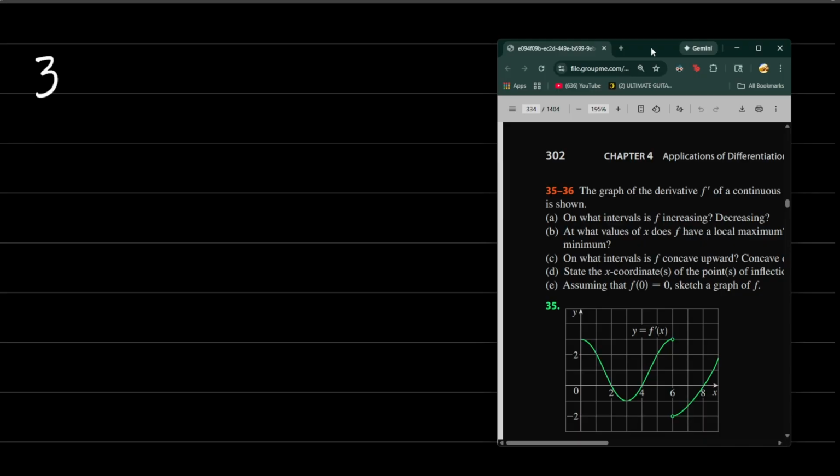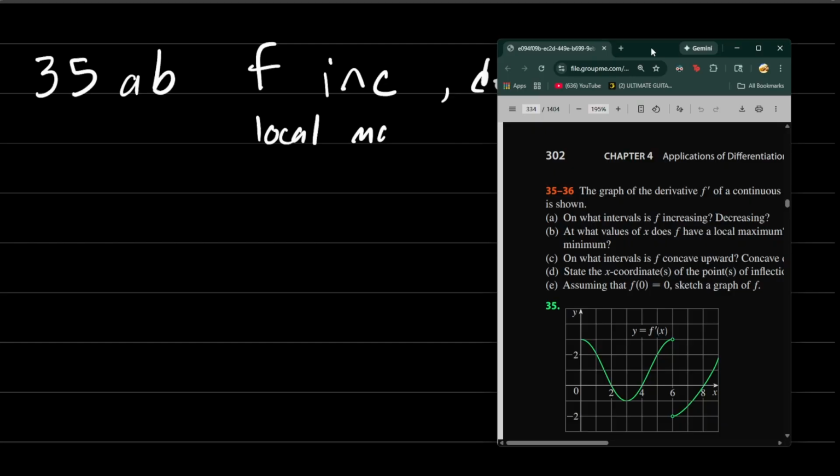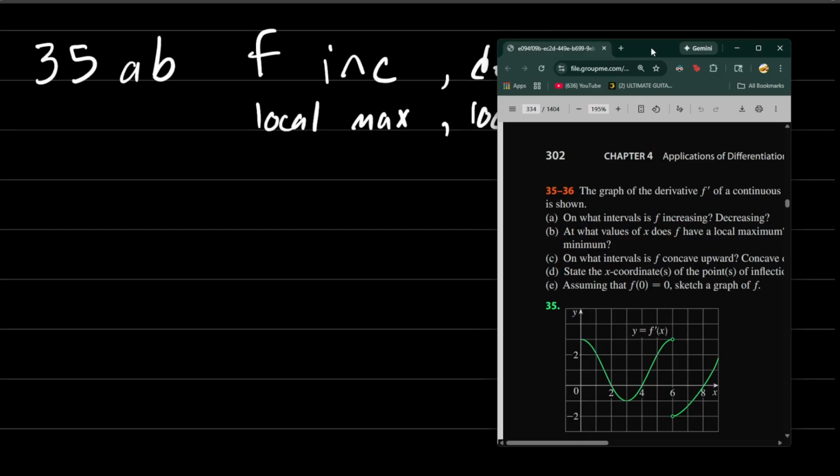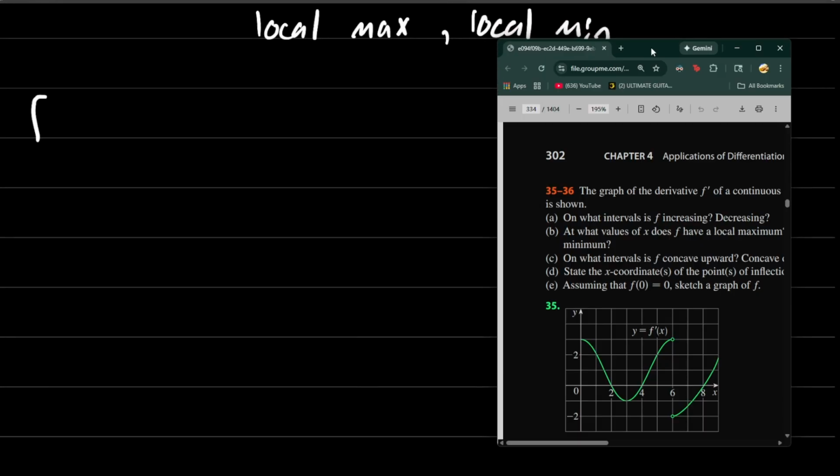So 35AB asks us to find the intervals where f is increasing and decreasing. And then it also asks us for the values where it has a local max and a local min. So the graph that is given to us is f prime of x. And remember, when f prime of x is positive, f of x is increasing. Here, let me rewrite this.